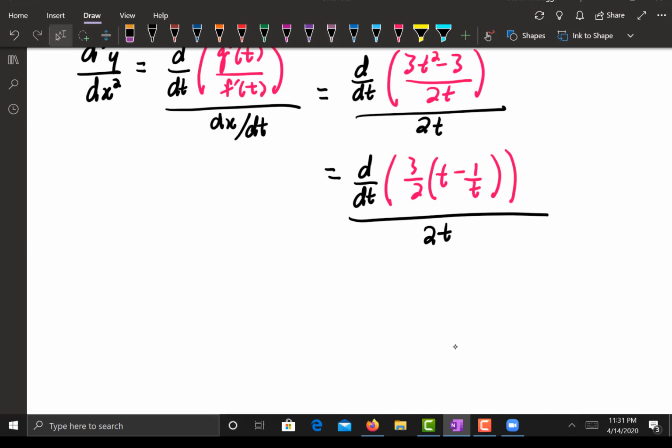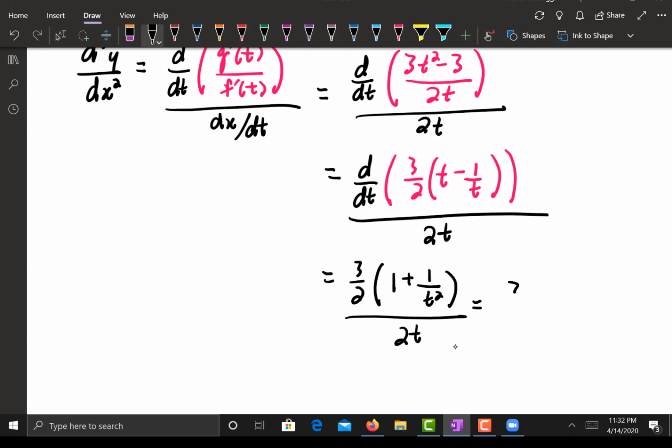Taking that derivative gives me 3 halves times (1 plus 1 over t squared) over 2t. And after simplifying, what I'm going to get is 3(t squared plus 1) over 4t cubed.